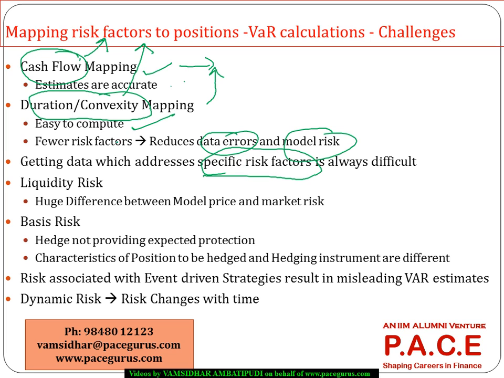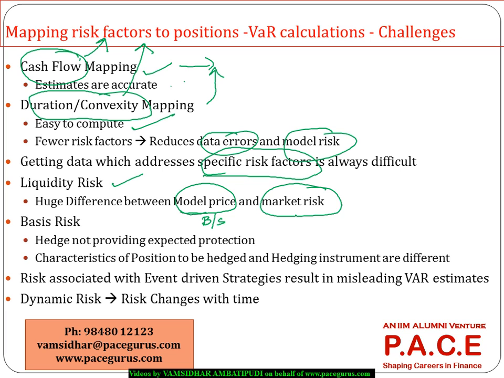And sometimes we even come across liquidity risk. Whatever the model has predicted, giving a buy or sell kind of decision, can differ from the real market. Because of that huge difference, I may get a sell decision but may not be able to sell the security at the price which my model is suggesting. I may have to compromise on the price and sell it at a much cheaper price.